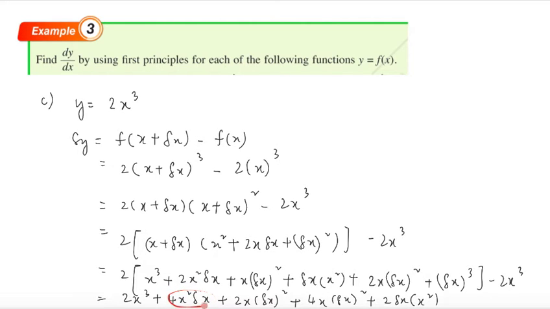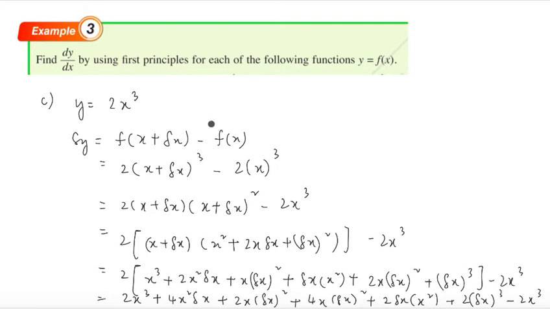X squared and delta x can combine. Later these two can combine. And I copy first, plus 2 delta x power 3 minus 2x power 3. We have not enough space. Go up here.